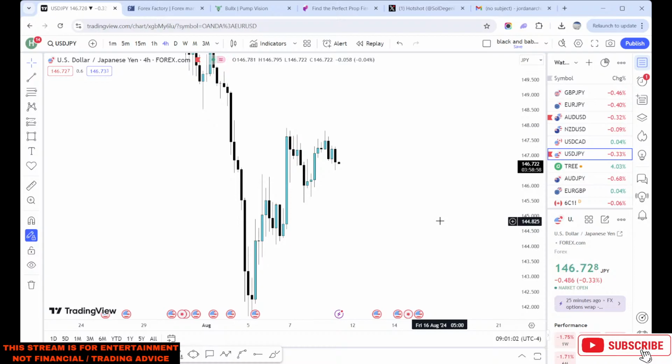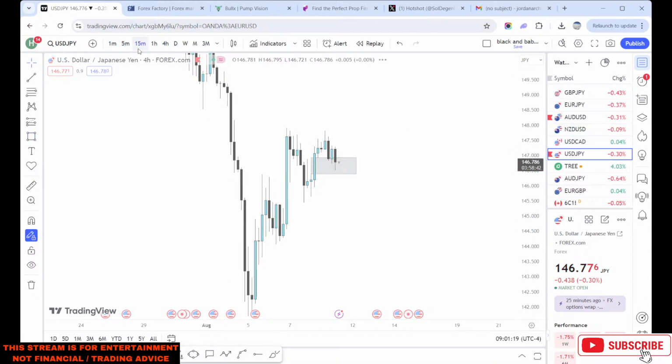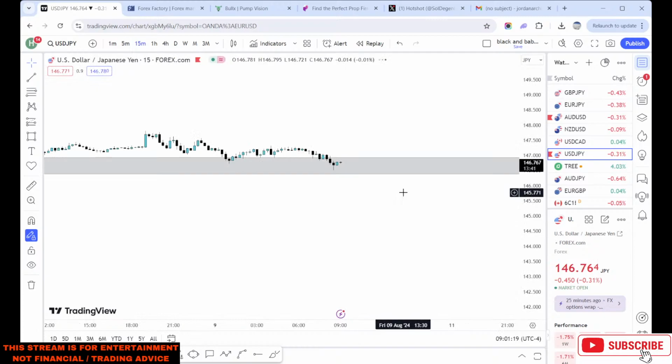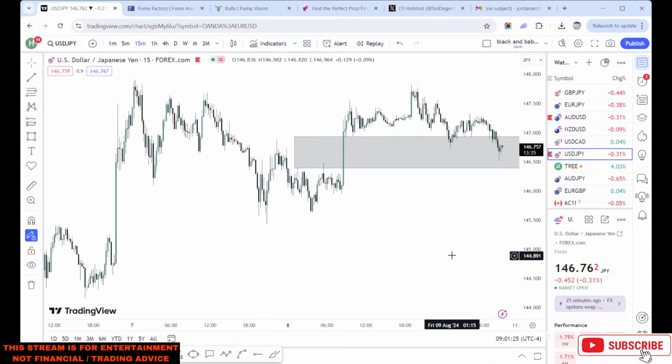And this one's tapped to the fair value gap too. 15-minute needs to turn on this one too. 15-minute needs to turn here as well.